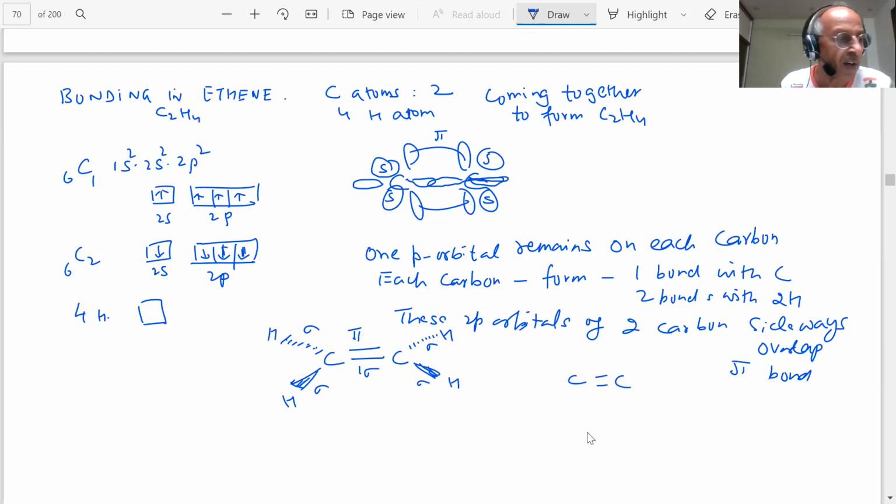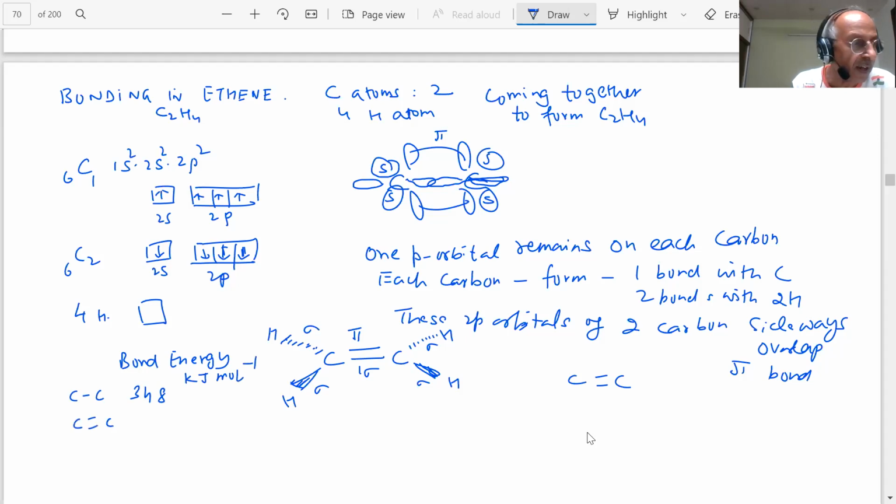The carbon-carbon double bond, students, has less than twice the strength of a carbon-carbon single bond. If I see the strength of the bonds, the bond energy: the carbon-carbon single bond energy is 348 kilojoules per mole, and the carbon-carbon double bond energy is 612 kilojoules per mole.